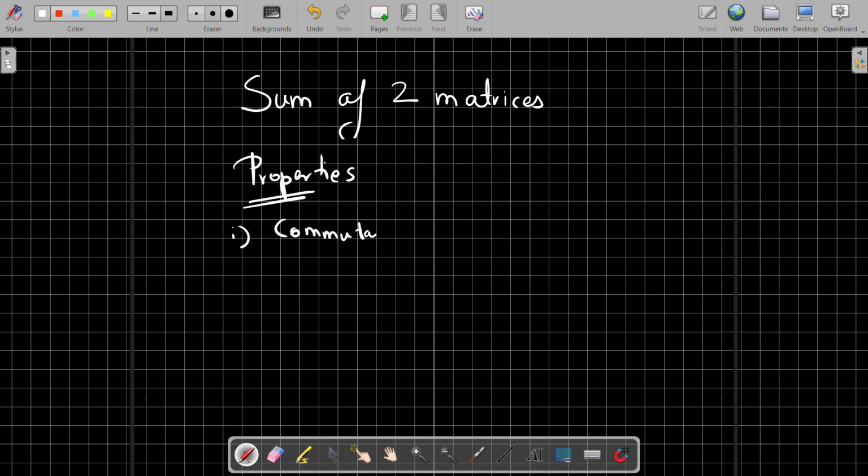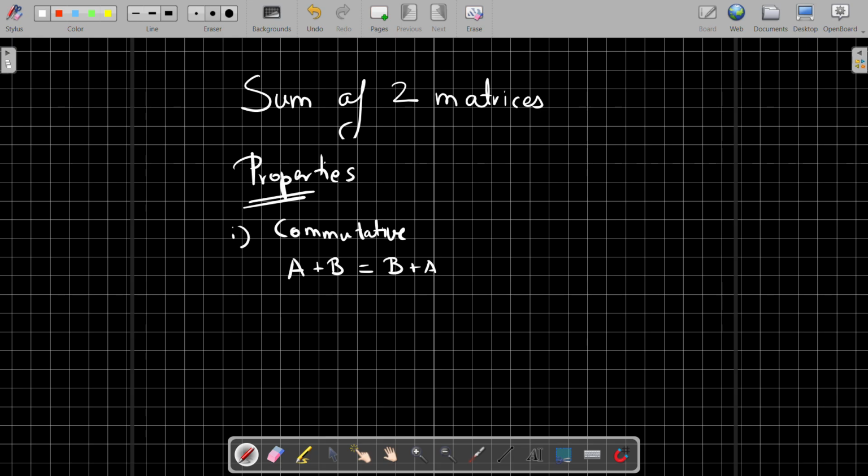What the commutative property says is, A plus B equals B plus A. Now you might be thinking, okay, this is pretty simple. This is the same thing that we did with numbers. And you will be correct.